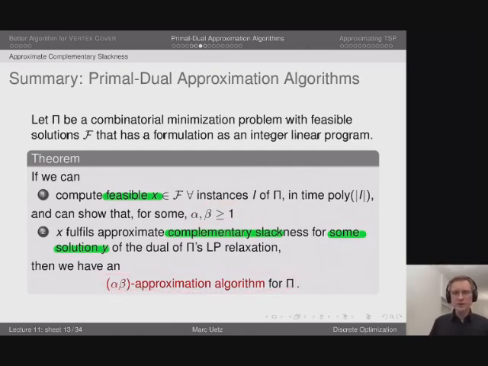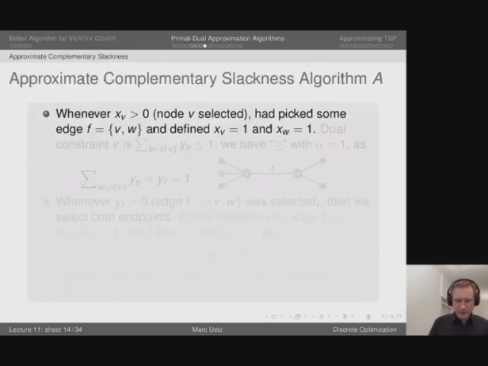So let us try to look at that for the vertex cover problem again to make clear how this actually worked there. All right, so what did we do in this algorithm? Let's look at primal complementary slackness first. So when we select a vertex, a node v, actually in the algorithm we had picked some edge f from v to w, and we were selecting both endpoints, okay?